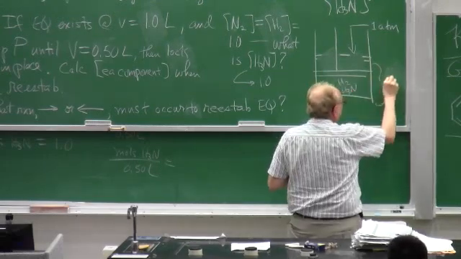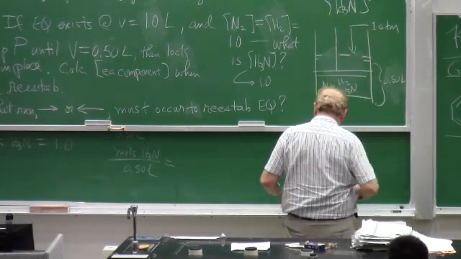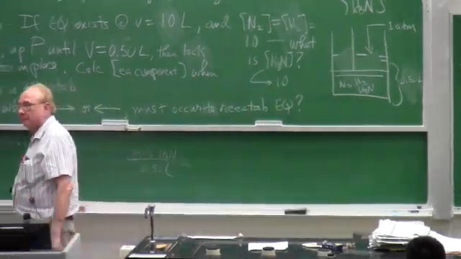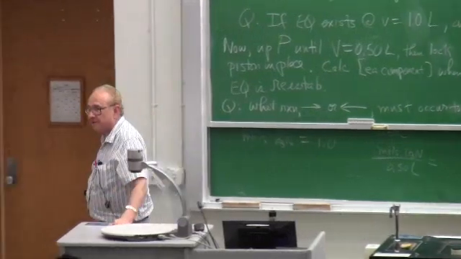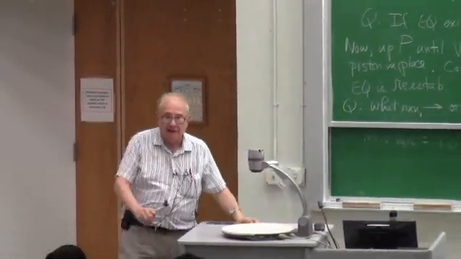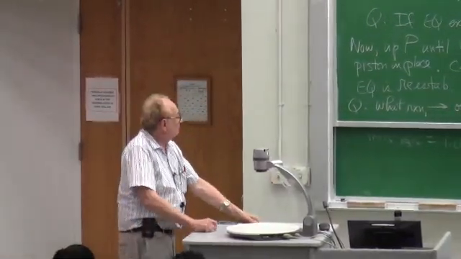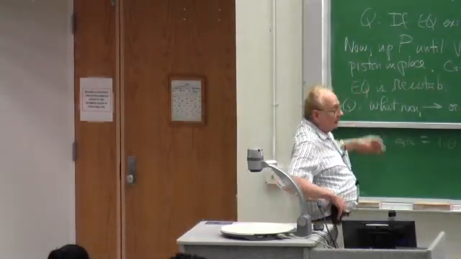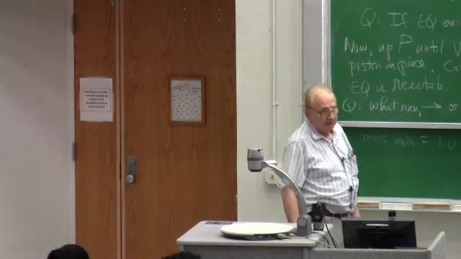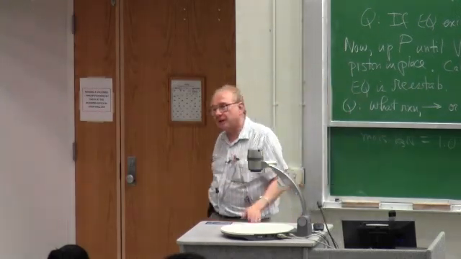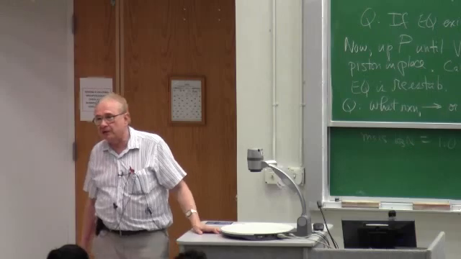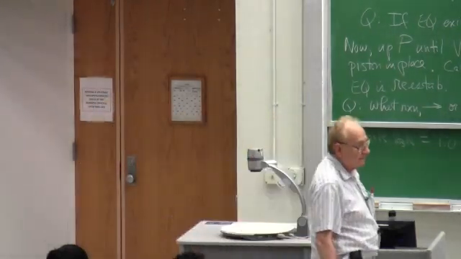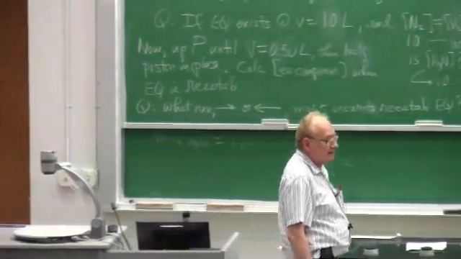But now I've reduced the volume occupied by the system to 0.50 liters. Well, that's what we did. And then I'm going to lock the piston in place. Did the change which I apply, at the instant at which I applied this change, did that upset the equilibrium? Yes. Sure did. We talked about cases like this yesterday.